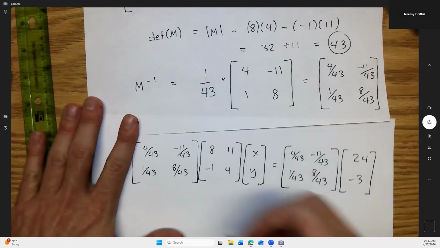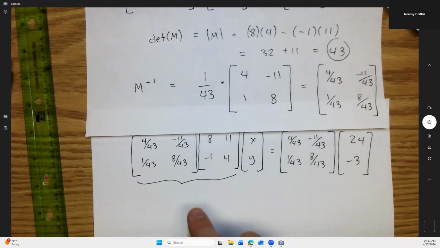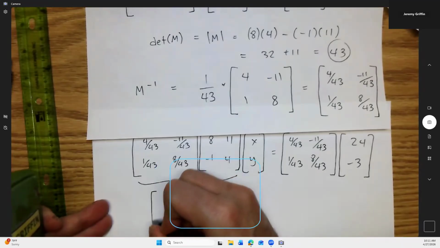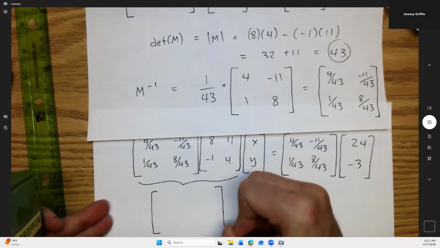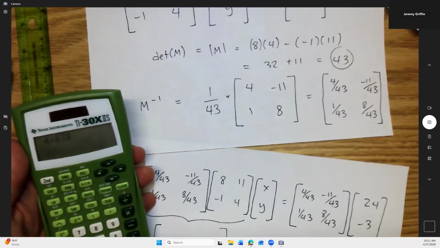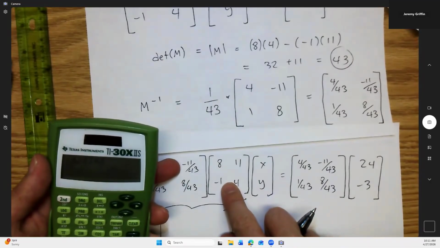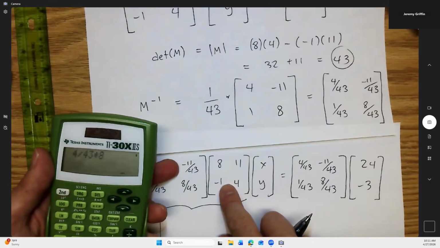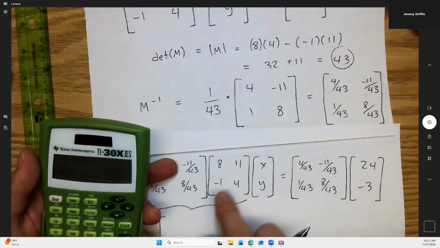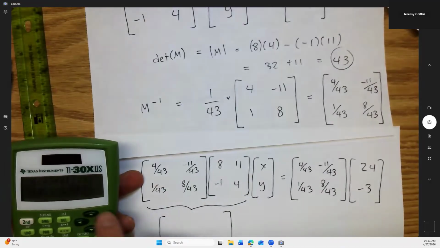Now, if I do everything right, this bit here should be the identity matrix. I'll test at least one of these elements. Let's do 4 out of 43 times 8, plus -11 out of 43 times -1. So the negatives are going to cancel, so I'll just say 11 out of 43 times 1, plus 4 out of 43 times 8.